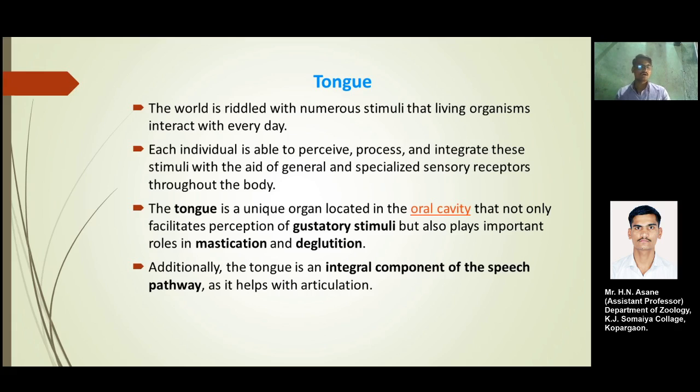We will see how the muscle arrangements are in the next sessions, but today we are focusing on the anatomical structure of the tongue, where it is situated, its location, its specific functions, and the specificity of that particular organ.